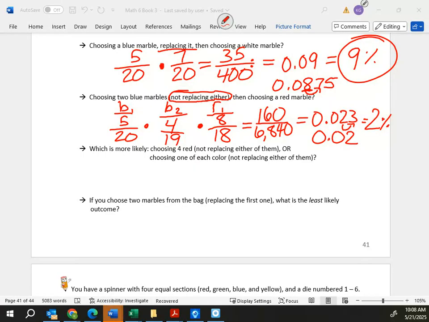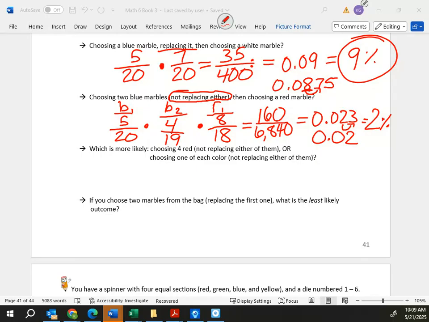Okay. Which is more likely, choosing 4 red, not replacing any of them, or choosing one of each color and not replacing any of them? So you're gonna have to find the probability of the first scenario, then find the probability of the second scenario and see which one has a higher probability.